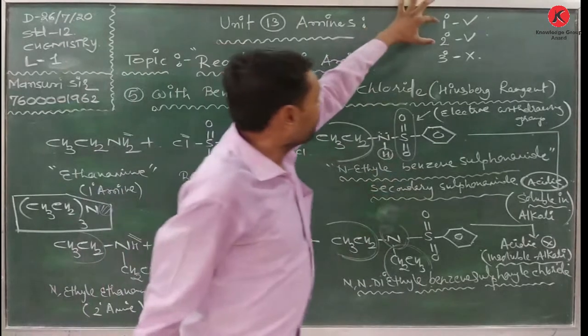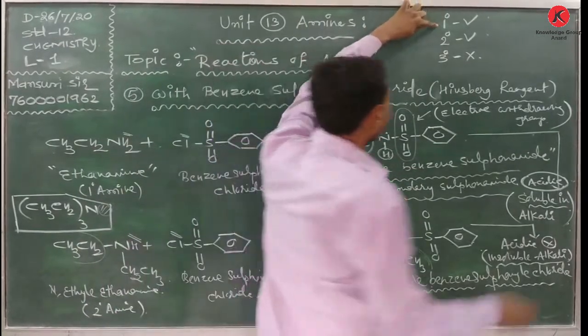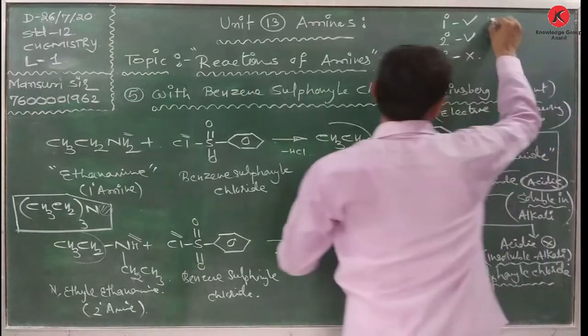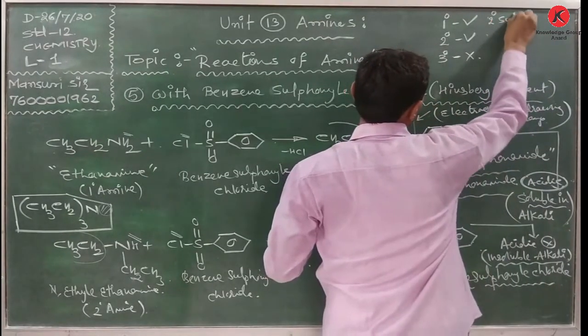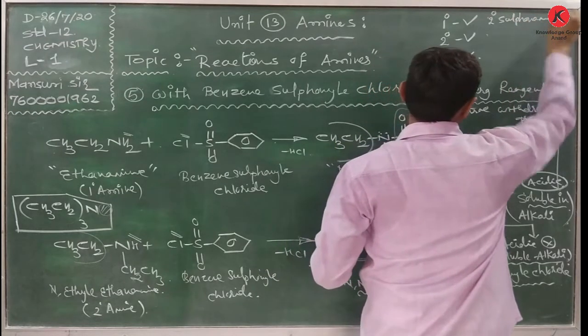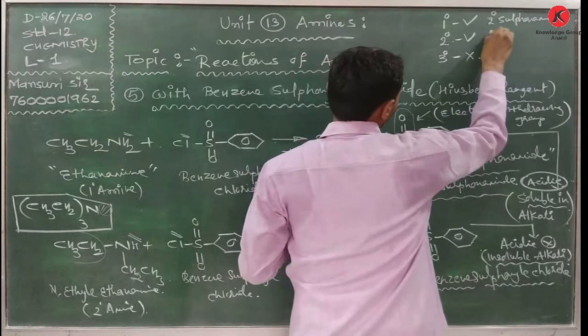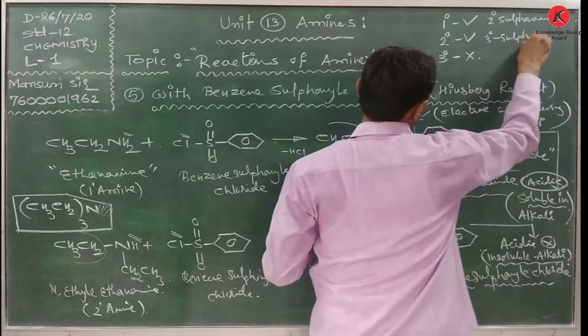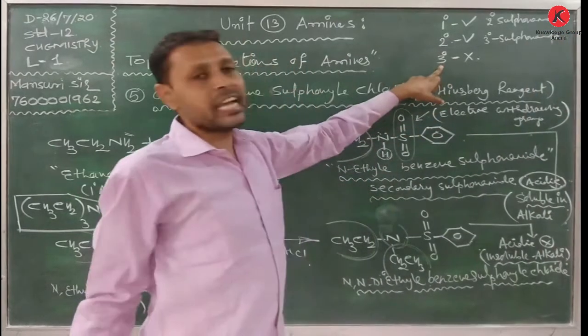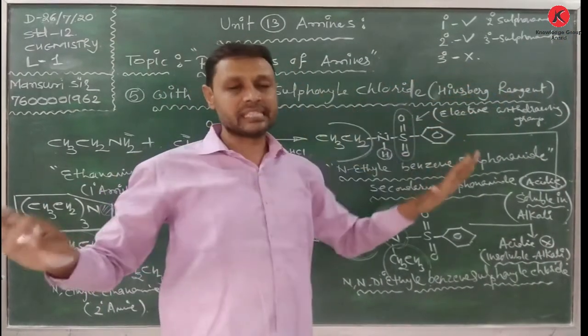1 degree amine produces secondary sulfonamide, 2 degree amine produces tertiary sulfonamide, and tertiary amine does not give this reaction.